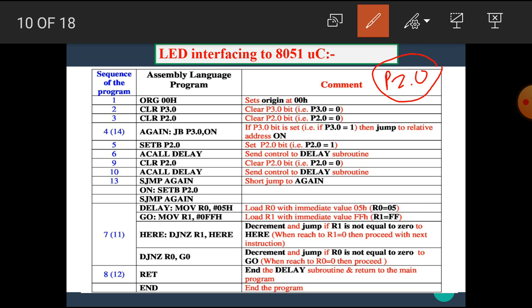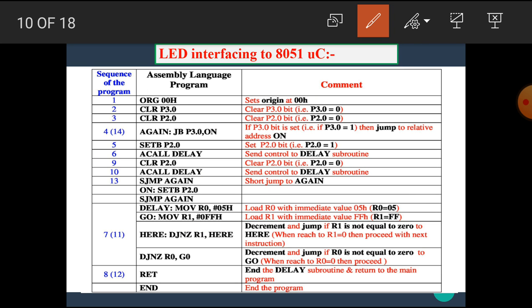Let's see the first line, ORG 00H. That means it sets the origin at 00H. The next instruction is CLR P3.0, which clears the P3.0 bit. After execution of this instruction, P3.0 becomes 0. Similarly, the next instruction is CLR P2.0.